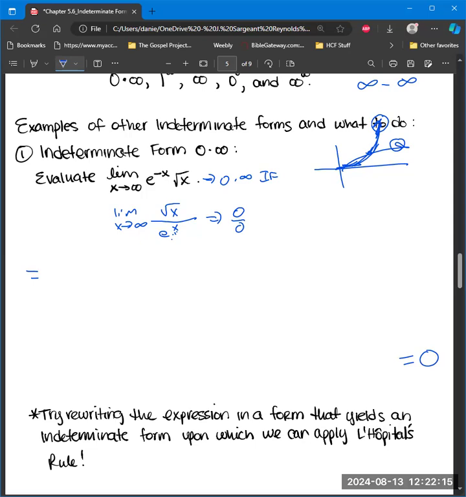So before I do that, let's write this as x to the 1/2 over e to the x, so it's easier to apply the power rule. Now let's use L'Hopital's rule. It's going to be the limit as x goes to infinity of 1/2 x to the negative 1/2 over e to the x.